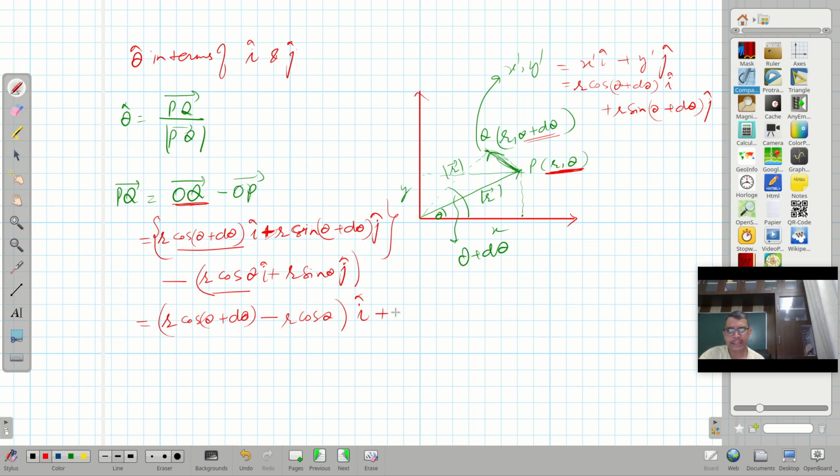Similarly, r sin of theta plus d theta minus r sin theta j cap.